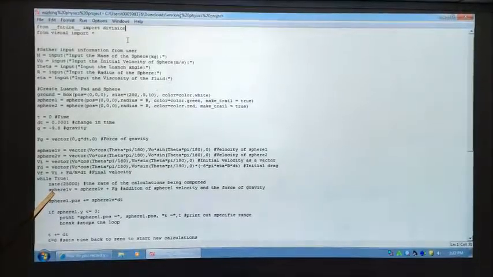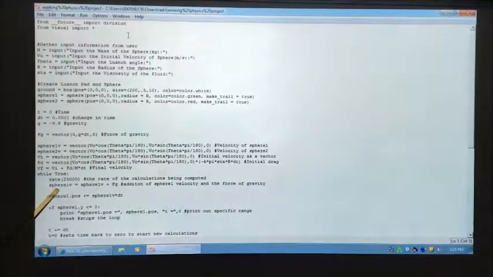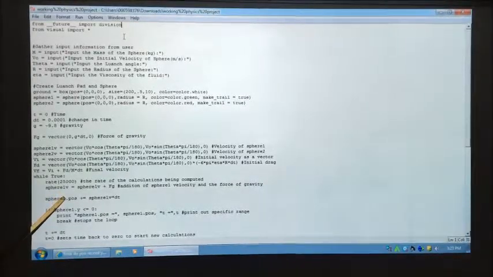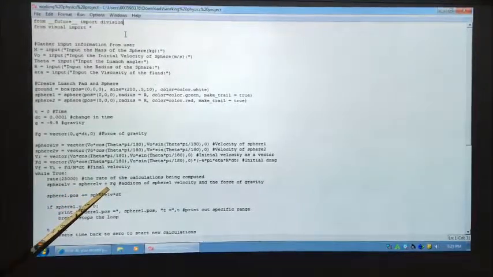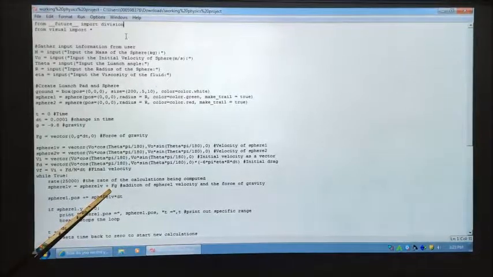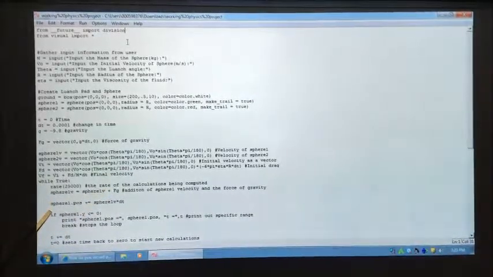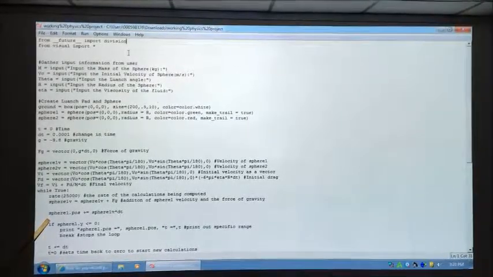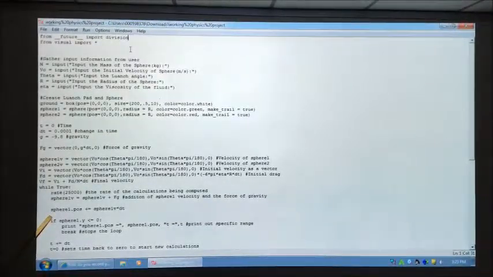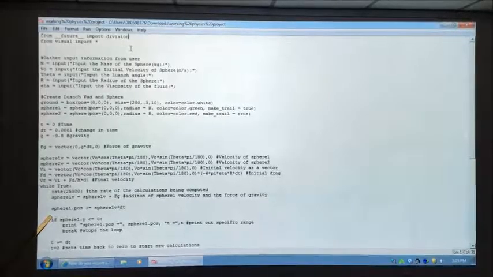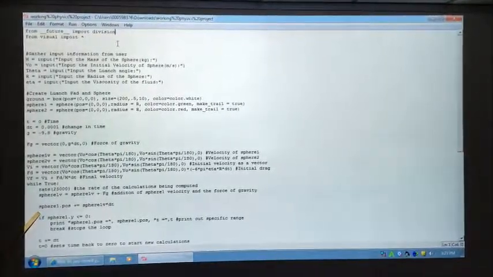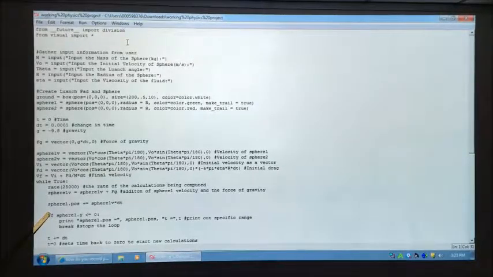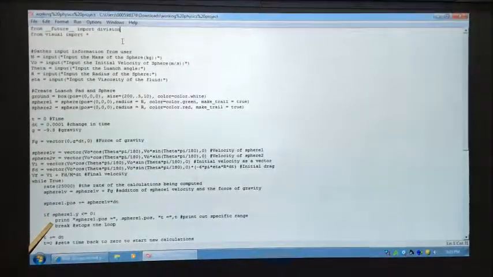And then sphere 1 velocity is equal to the sphere 1 velocity plus the force of gravity. And sphere 1 position is equal to, it controls movement along the path, recalculating every 0.0001 seconds.